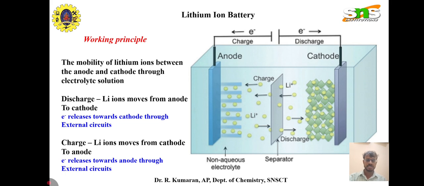Discharge and charging: lithium ion moves from anode to cathode during discharge, which in turn releases electrons towards the cathode through the external circuit. Whereas in charging, lithium ion moves from cathode to anode, so that the electrons are released towards the anode through the external circuit.